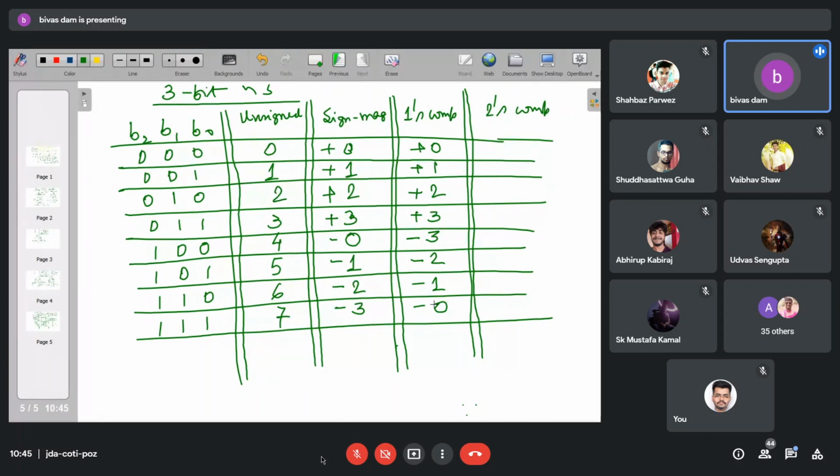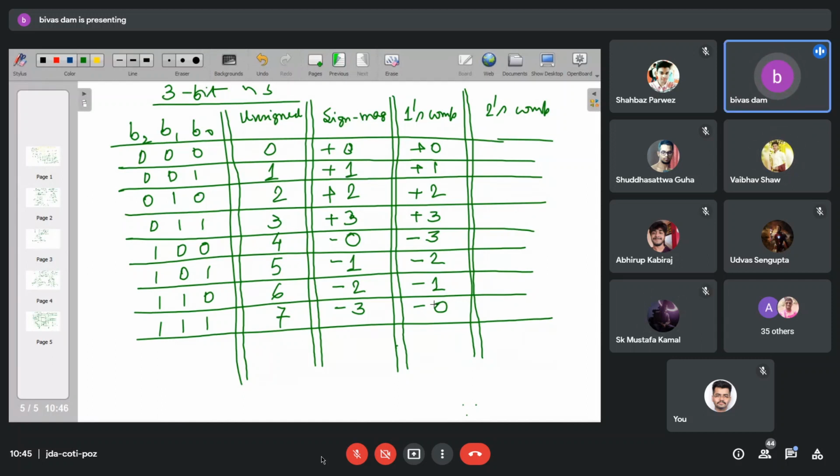Now let me go back to the binary patterns. How many distinct binary patterns are there in B2, B1, B0? There are obviously 8 distinct binary patterns.